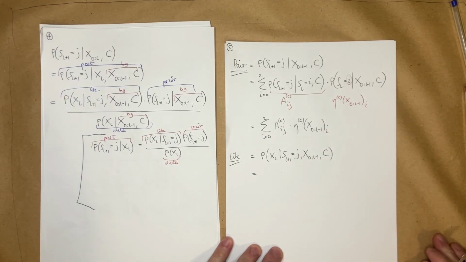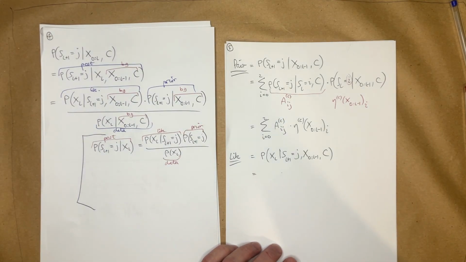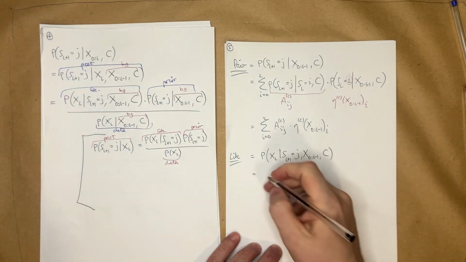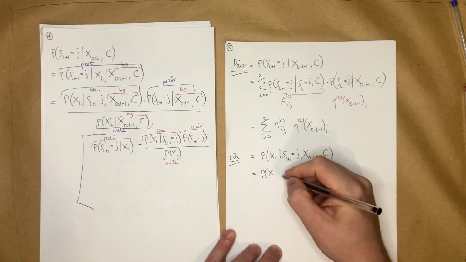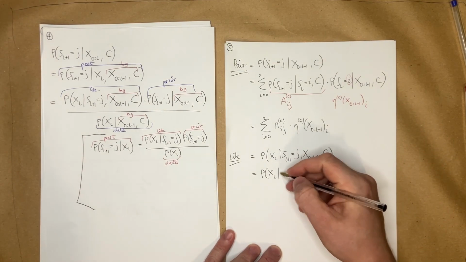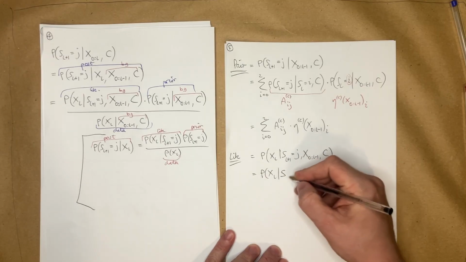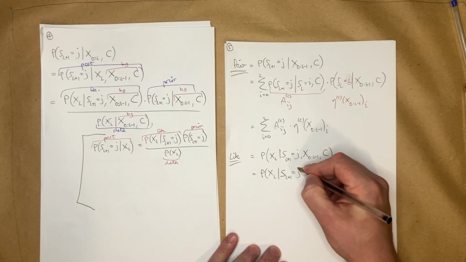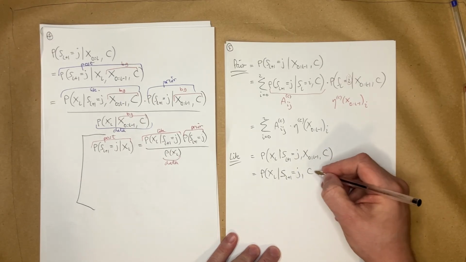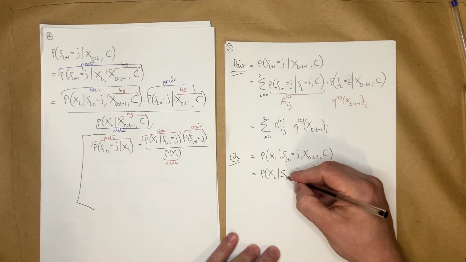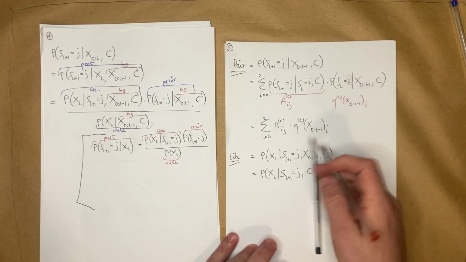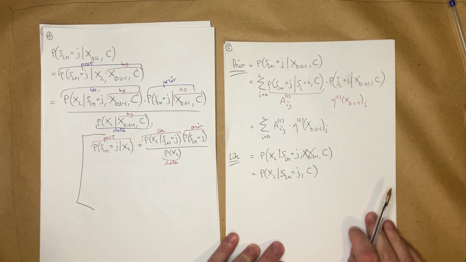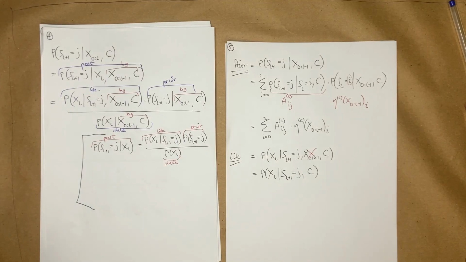Now, by virtue of the Markovian property again, I can just write that it's equal to XL conditioned on the hidden state L plus 1 and C, but not the earlier tokens, because the Markovian property means that it doesn't matter.